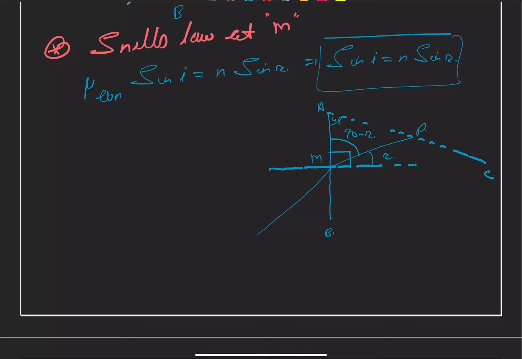In triangle AMP, the triangle sum is 180 degree.